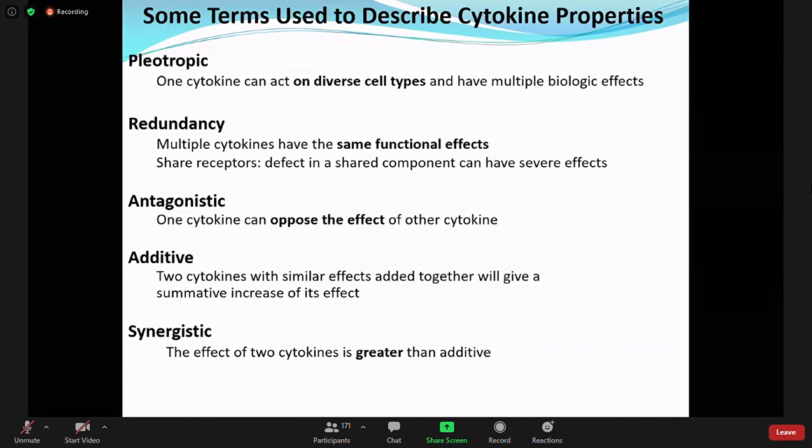Synergism, as in the case of a cytokine like IL-12 and interferon gamma, refers to an exponential additive effect, so you have a super increase in activity. This is due to the fact that one cytokine might induce more receptor expression for the second cytokine. So the responder cell will increase its activity much higher due to the activity of the first cytokine.